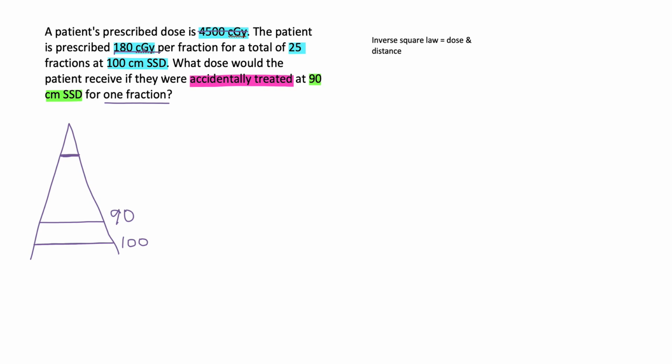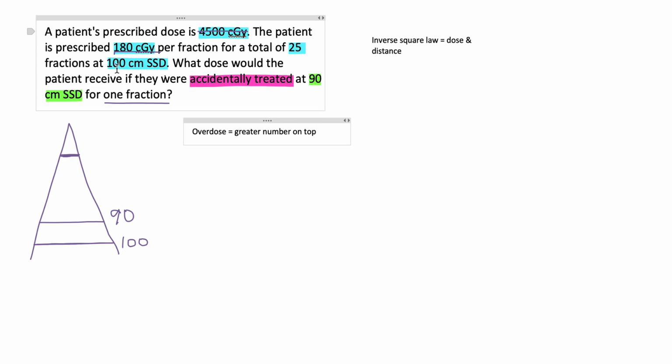So here's how I do it. Once there's an overdose, we need to determine our formula. We're going to use the inverse square formula with the greater number on top. Now, which numbers are we going to use? We're going to use our distances to determine our inverse square factor.